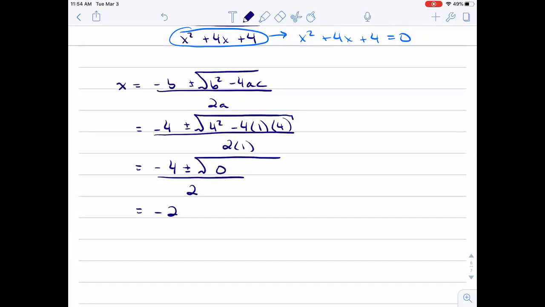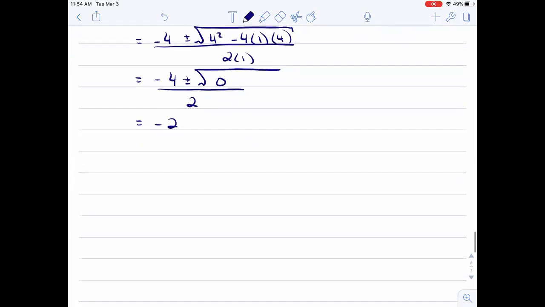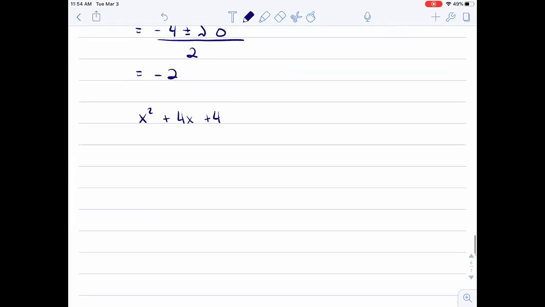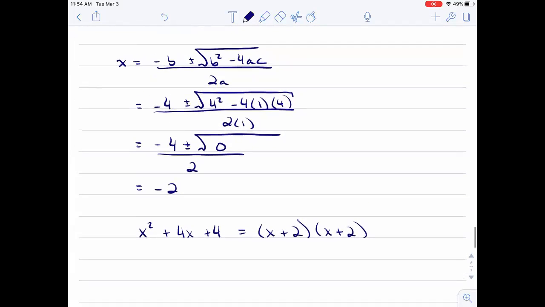So if we had to factor this out, then we can say that x squared plus 4x plus 4 must be x plus 2, because what we get is the square root of 0. 16 minus 4 times 4 is 16, so 0.